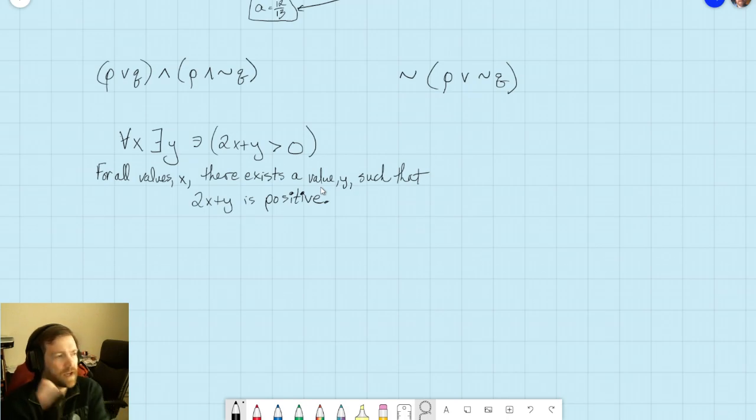No, so this is saying that any time you pick an x value, for any x value you pick, I can pick a y value which will make that expression positive.